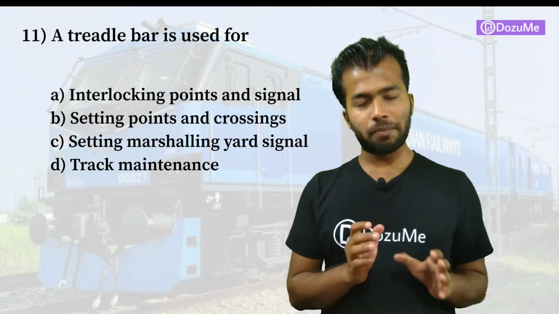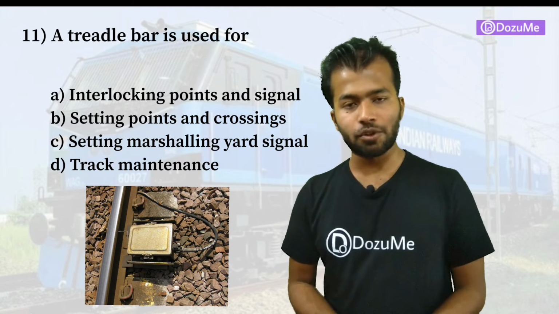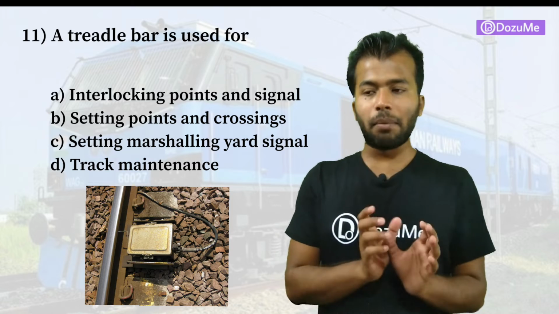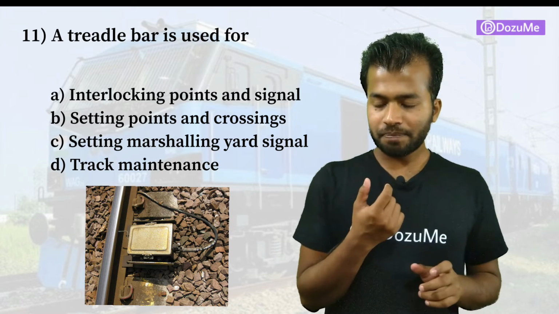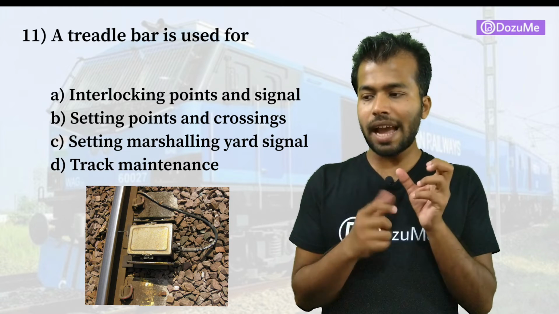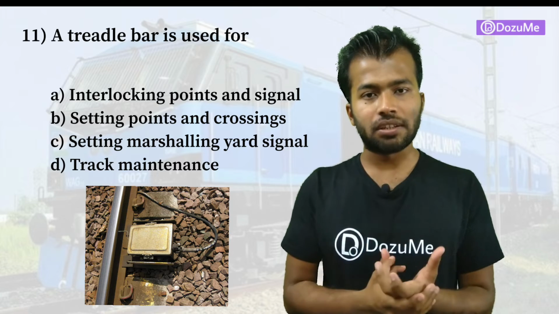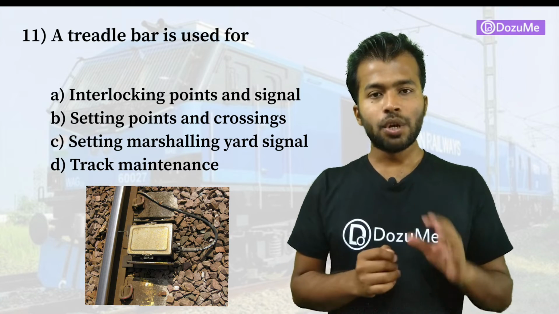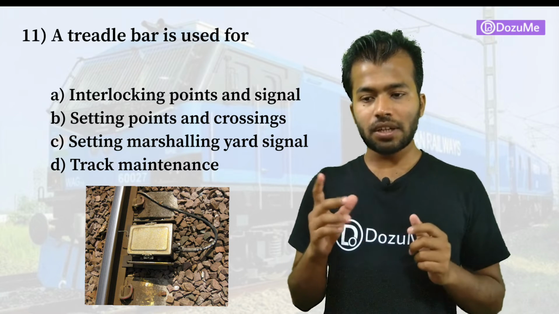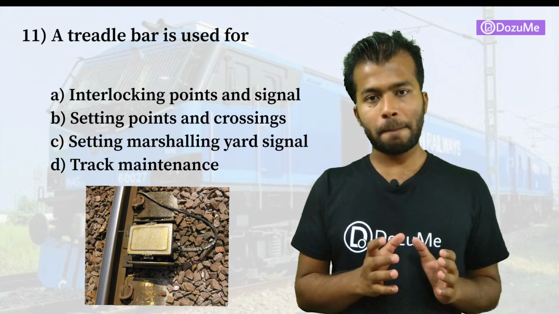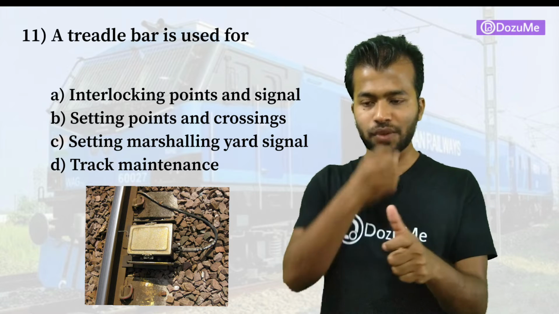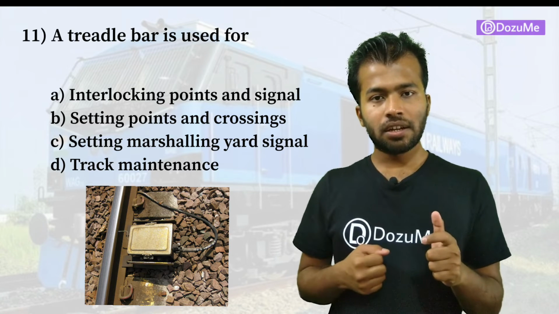So what is treadle bar? If you know the answer, comment it with the specific question number. Basically, treadle bar is a kind of mechanical and electronic combination machine which also has a sensor, which senses whether the train has completely passed or not. Basically, it locks the switching function of the track.